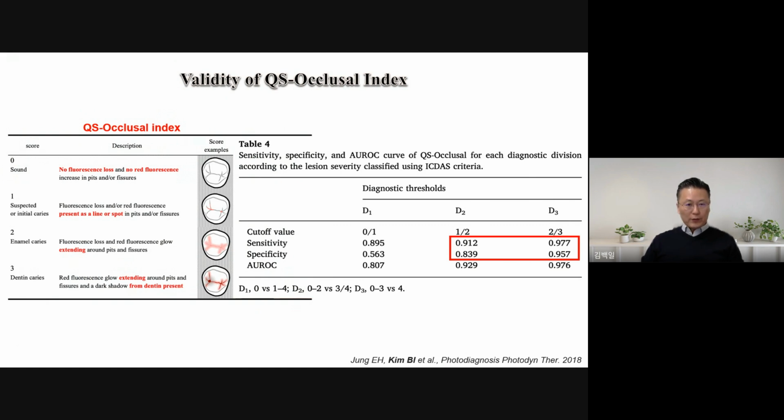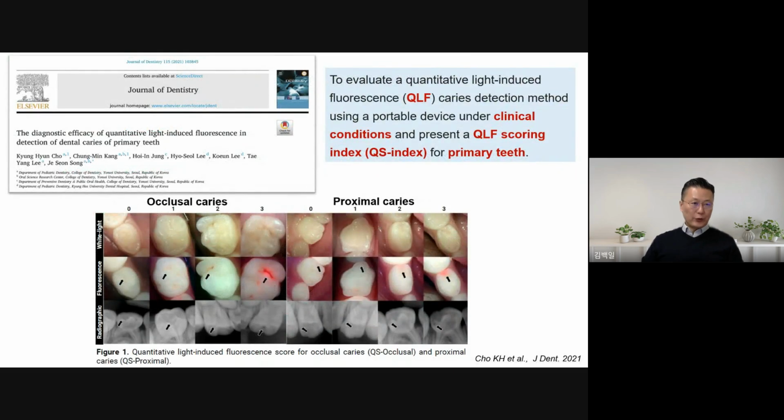These two papers focused only on permanent teeth. However, deciduous teeth have distinct anatomical characteristics from permanent teeth. Therefore, in this third study, we applied the delta F, delta R values, and also the QS index to children's deciduous teeth.